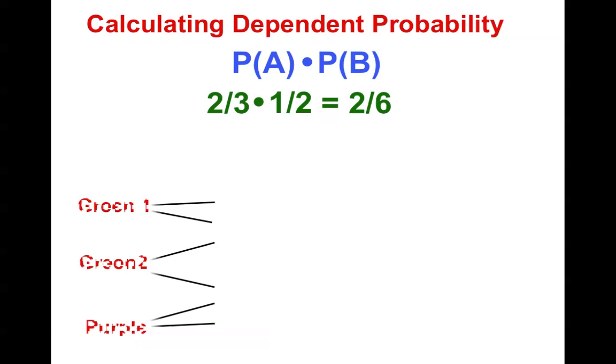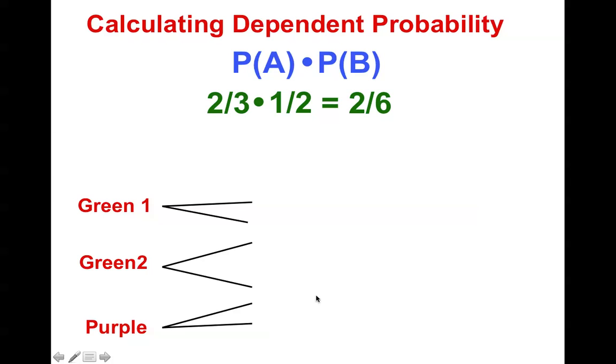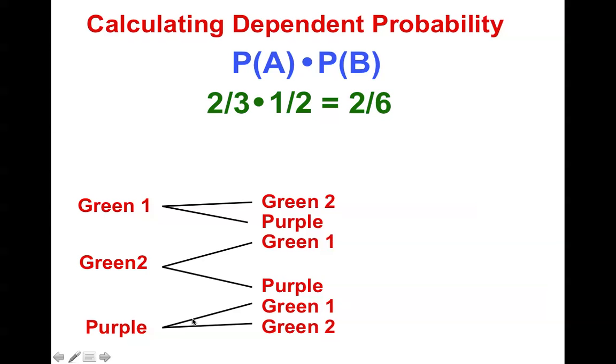We made the list to prove it, and you'll notice it didn't change my first pull. I still could have pulled green 1, green 2, or purple. But when I pulled the green 1, I didn't put it back, so I only had the choice of green 2 and purple on my second pull. If I pulled green 2, I only had the choice of green 1 and purple, and if I pulled purple, I only had the choice of the 2 greens.